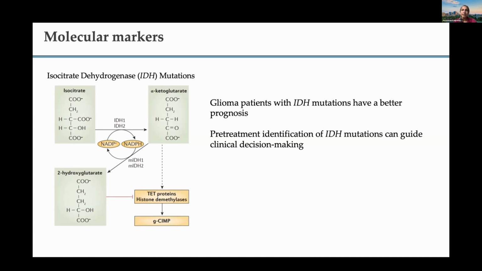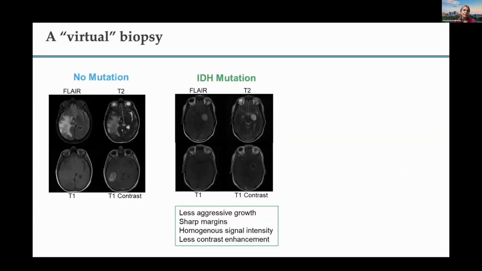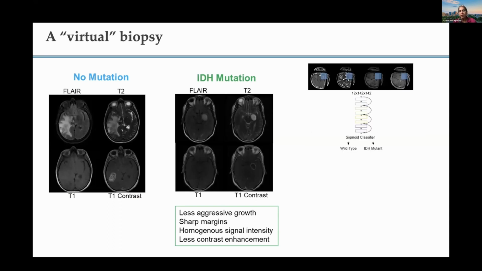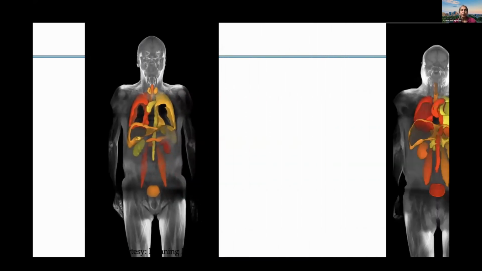Not perfect by any means, but at least enough that we think there might be a signal there. So we trained a deep learning network to essentially find a virtual biopsy, as our student called it. So whether you have the wild type or the mutant version of the tumors, can you get pretty good results? And we were able to show that we get pretty good results.